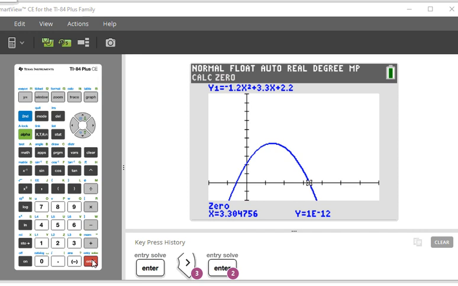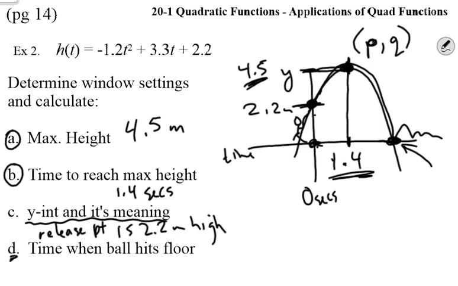So our x value is 3.3 when y is 0. So from there, go back to our question, and we have 3.3, which represents 3.3 seconds from the time of release to when the ball hits the floor.